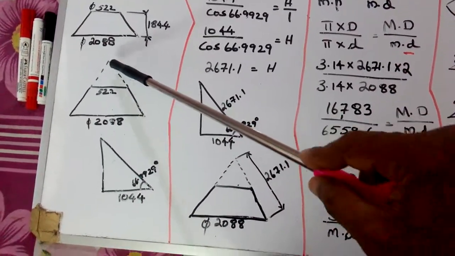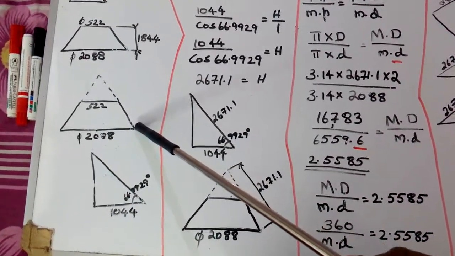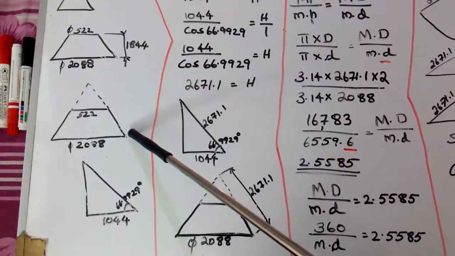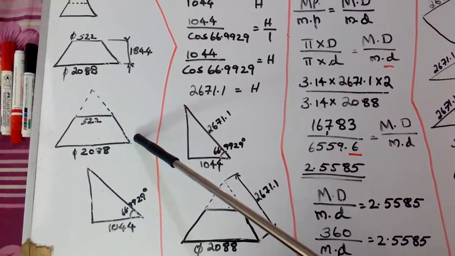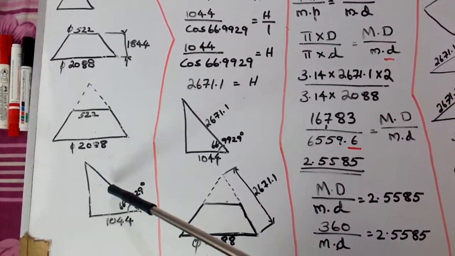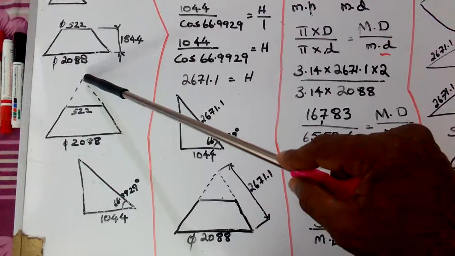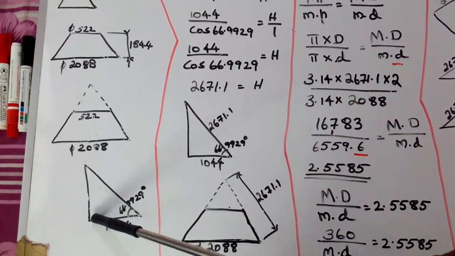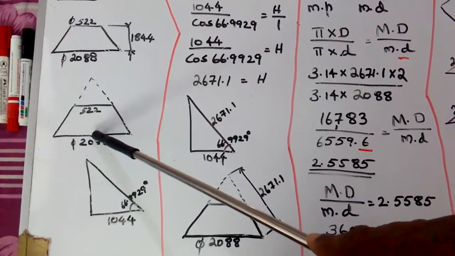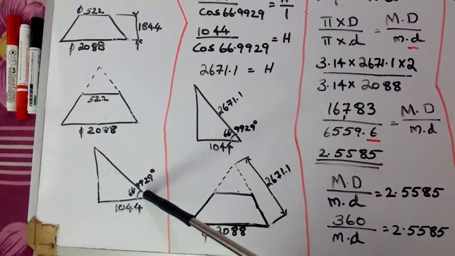For finding out this measurement, we have to use trigonometric calculations. For that purpose, we made a triangle like this. For making this triangle, we used a line from this corner to here, that is this line. We made another line from the center to here, that is this line.